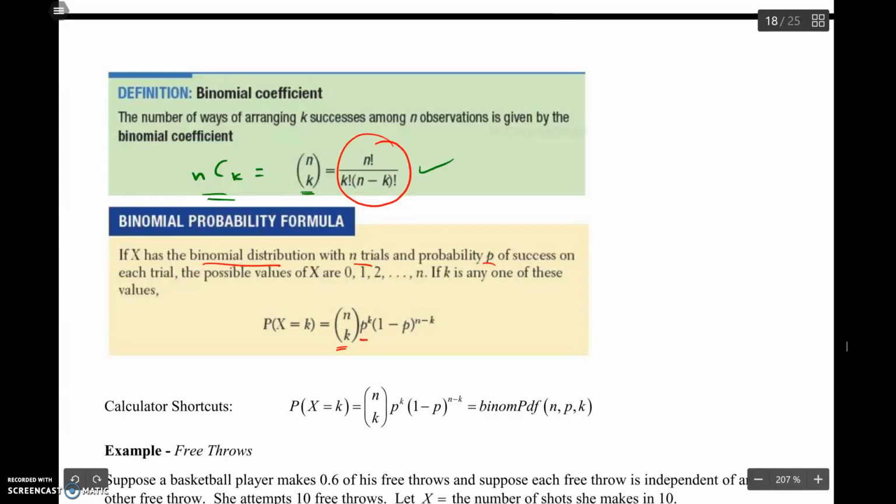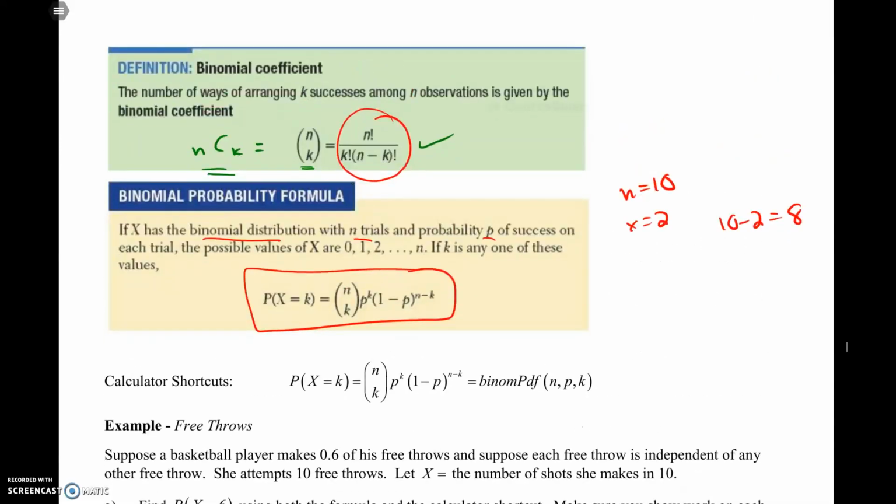Then I have the probability of success to the k power, and the probability of a failure to the n minus k. After all, if n is equal to 10 and you're getting 2 successes, that means you're getting 10 minus 2, or 8 failures. So that's the binomial theorem, the binomial formula, and this is on your formula sheet. Okay? So I'm going to talk about calculator shortcuts and how to do this on the next video.